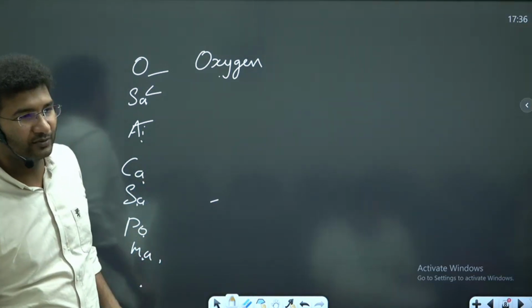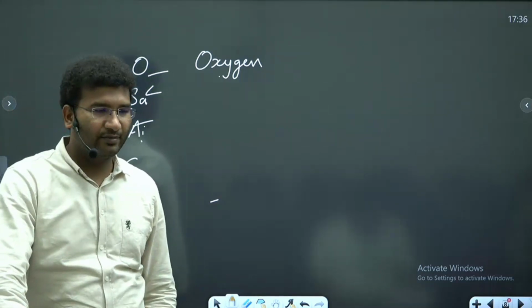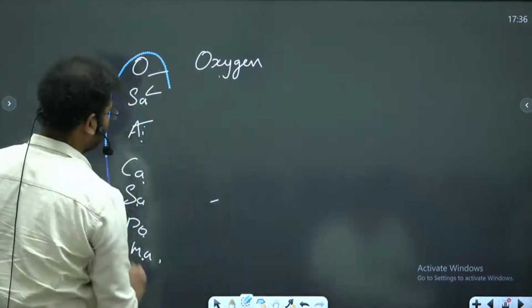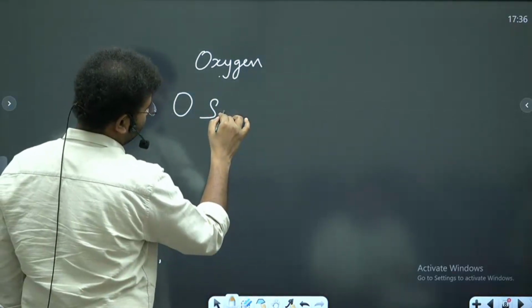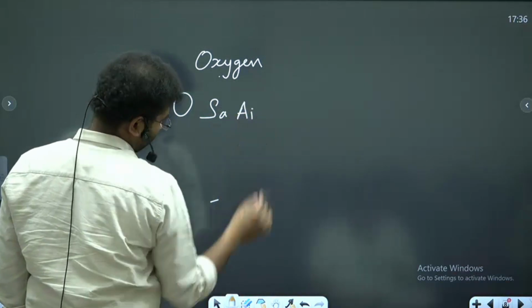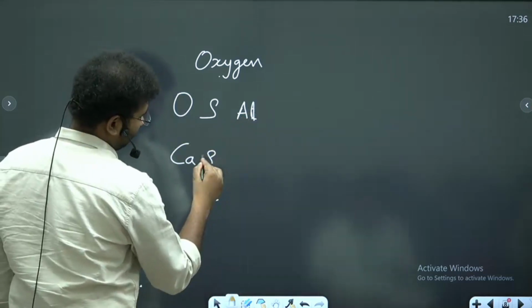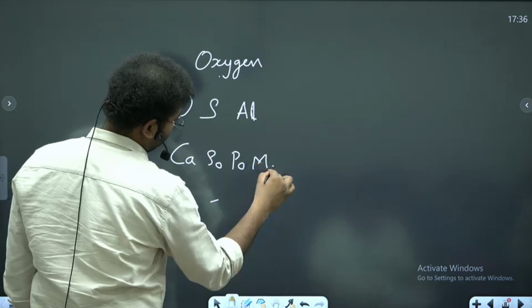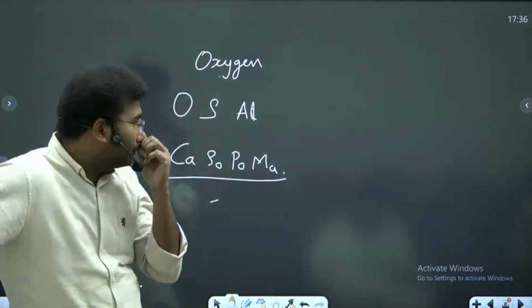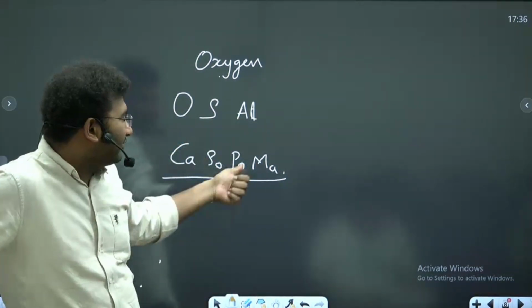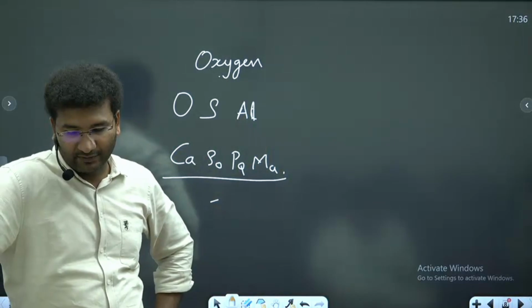OSAICASOPOMA. This is the order in which they are made up. So this is what your Earth crust is made up of.